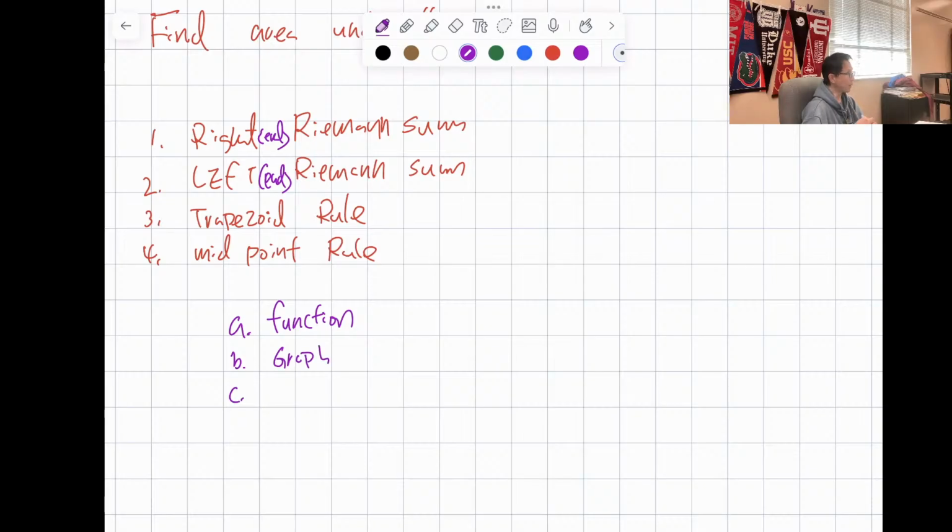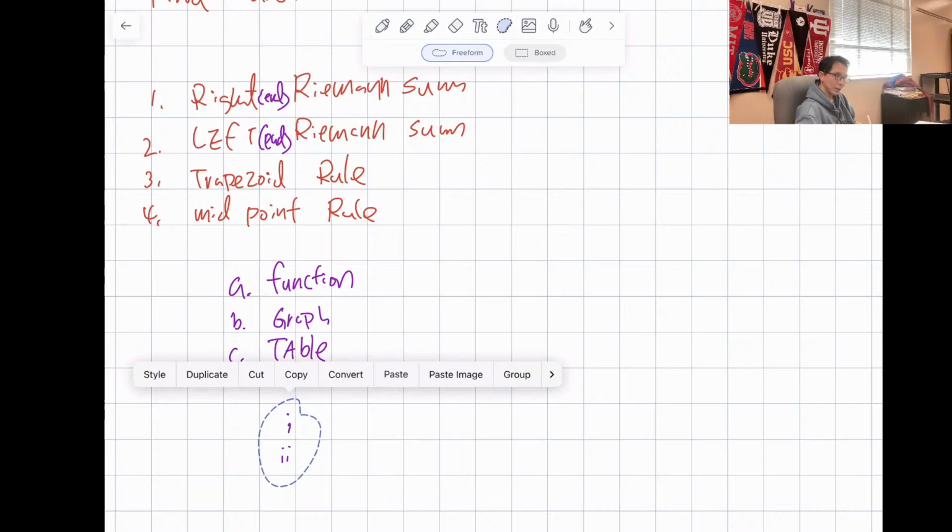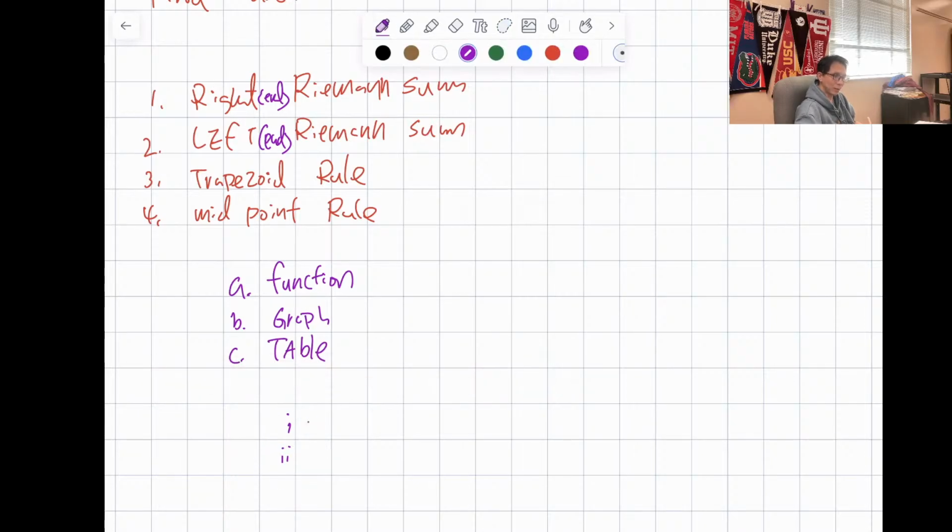C, the most popular in this particular question, is going to be the table. And usually they give you a table that is irregular. So there are 2 types of situation: regular intervals and irregular intervals.